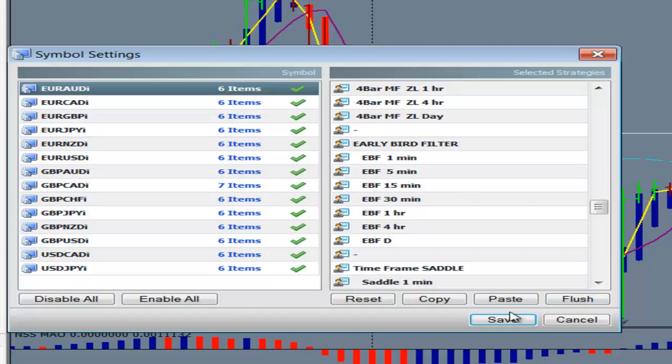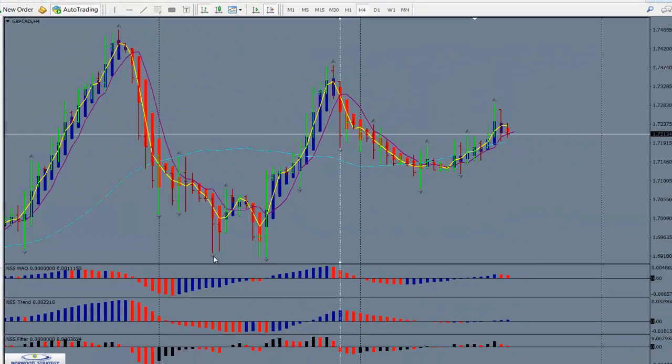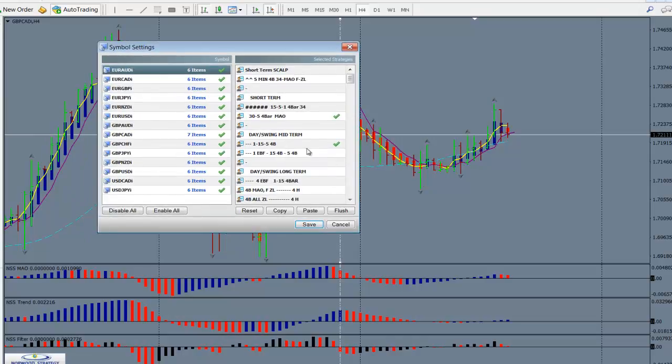We don't want to click plus, we just want it on that one currency pair, and then we would click save. So when you get an early bird filter at that point, then that's a heads up to go look for a timing on an entry on a smaller time frame. That's how you use the larger time frame. It's a heads up to find directions, and you have the scanner as a tool to do that.